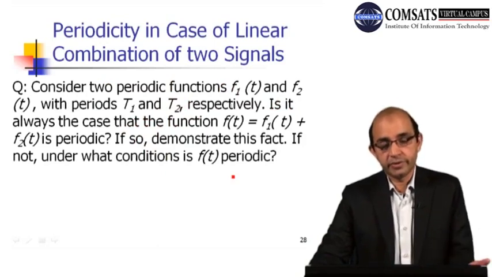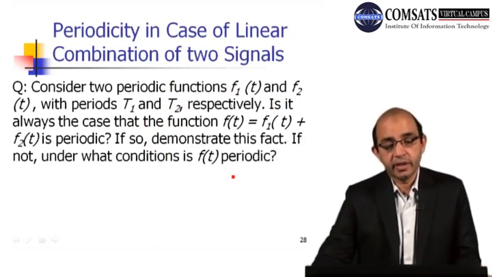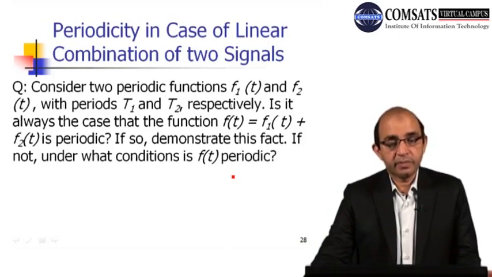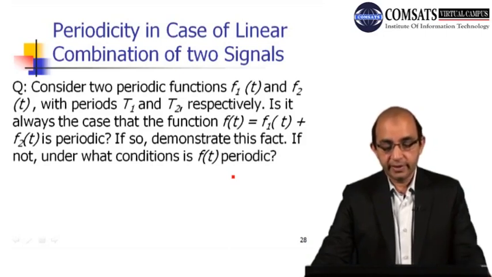So now comes the periodicity. If we have a signal that is actually composed of two signals, a linear combination of two signals, the question is: we have two periodic signals, the first one is f1 of t and the second one is f2 of t, and the corresponding periods of those two signals are T1 and T2 respectively.